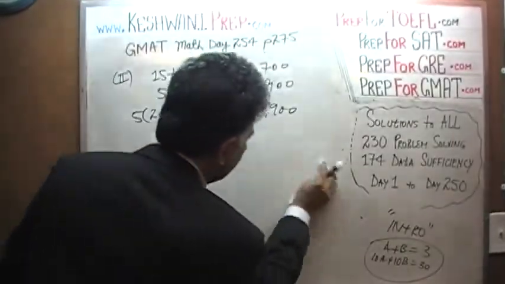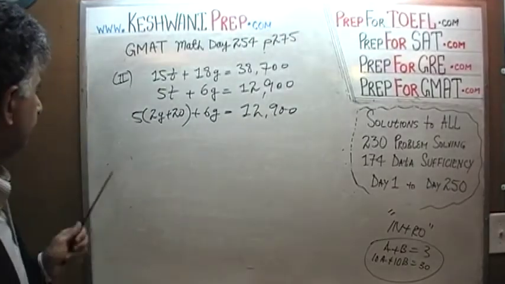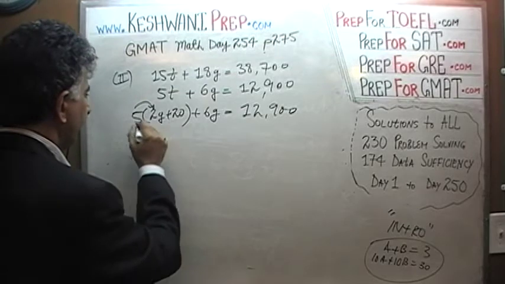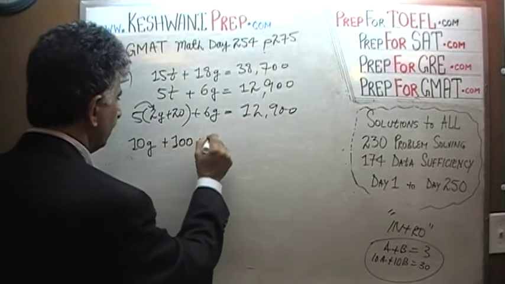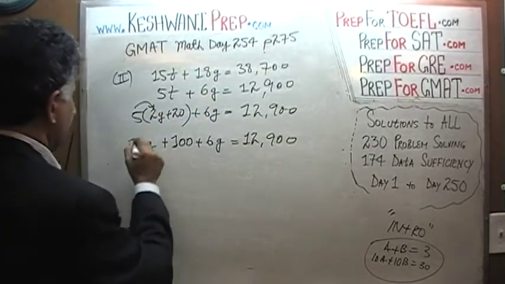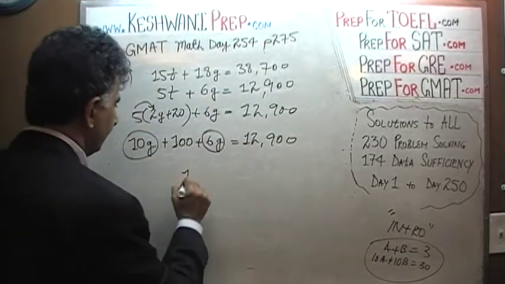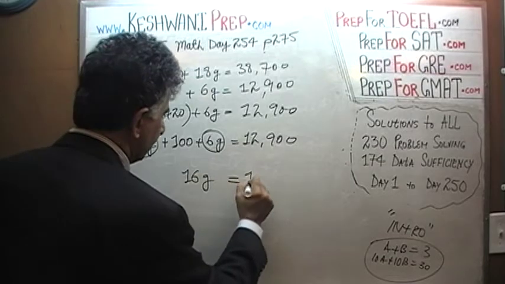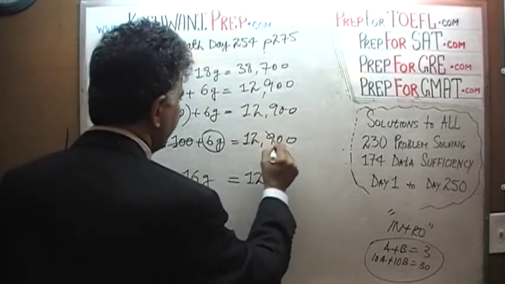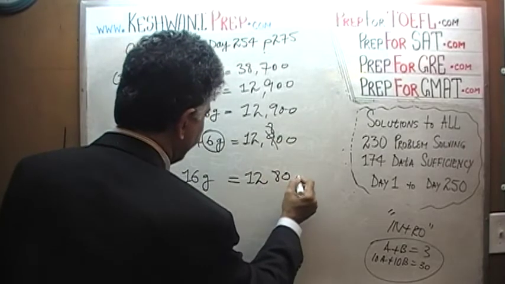Just very quickly finish it up since we started it. This is going to give us 10g plus 5 times 20 is 100, plus 6g equals 12,900. 10g plus 6g is 16g, equals 12,900 minus 100, so this becomes 12,800.